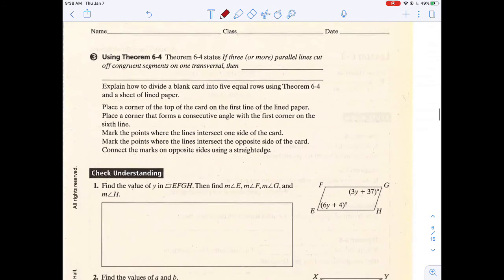Okay, in this third example, we're just going to talk about the theorem. So, theorem 6.4 states that if 3 or more parallel lines cut off congruent segments of a transversal, then they cut off congruent segments on every transversal.